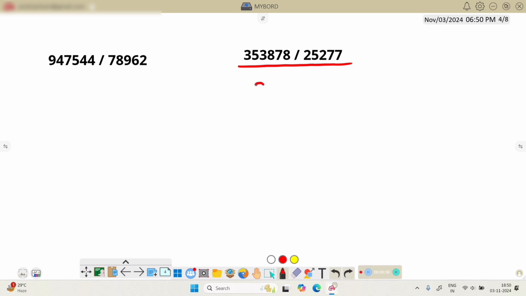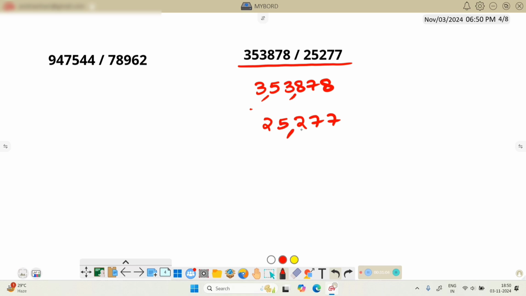See here the numbers they have given is 353878. If you divide these numbers into thousands and lakhs, it will come 3,53,878, and the denominator number is 25277. And this also, you just separate the thousands and lakhs.